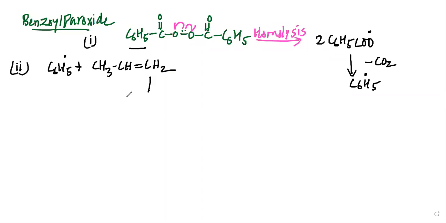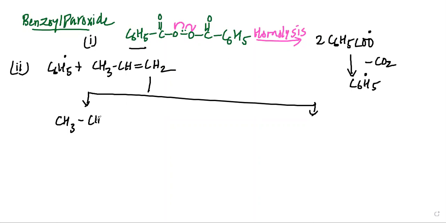Due to this kind of reaction, we will get two different kinds of free radicals. The first kind of free radical that we may get is CH3CH-CH2, or we may get CH3CH2CH2 free radical.